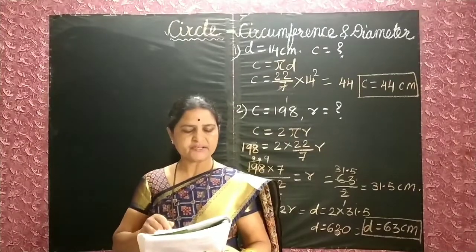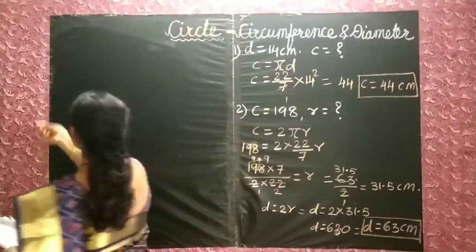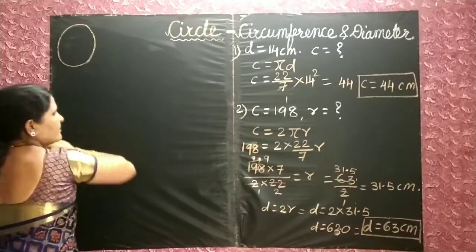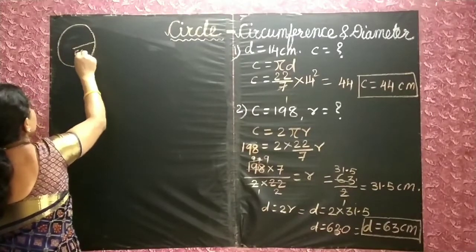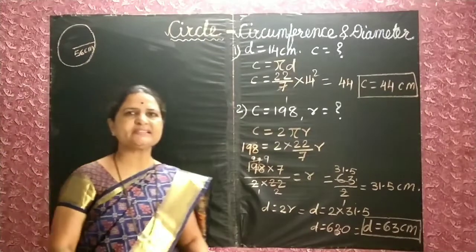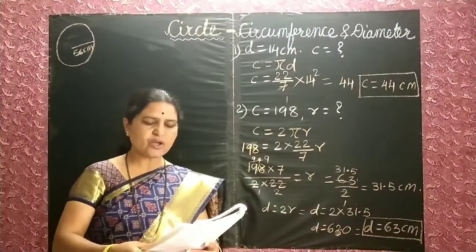Means what? Here it is given that one circular garden is there, and the radius of this circular garden is 56 centimeter. And what do we have to do now?